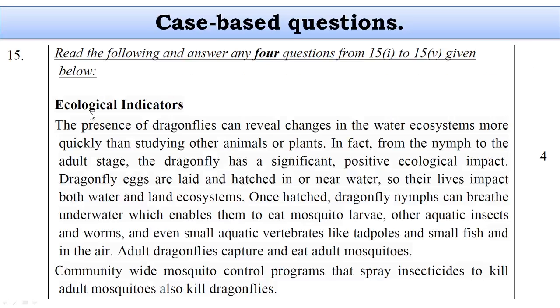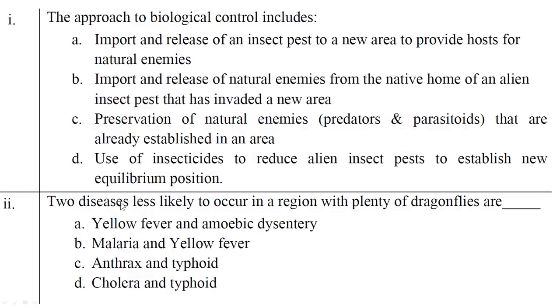Therefore, questions 15 and 16 are case based questions where you have to read a short paragraph and answer four questions for each, carrying 1 mark each. So there will be about 22 questions of 1 mark each that you have to attempt.